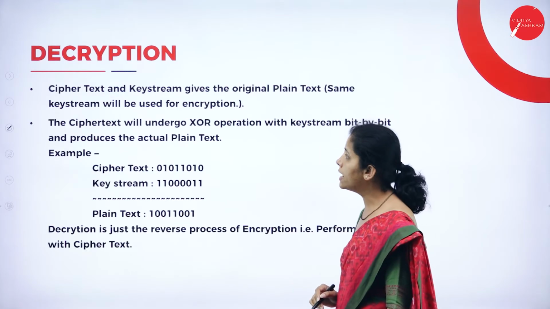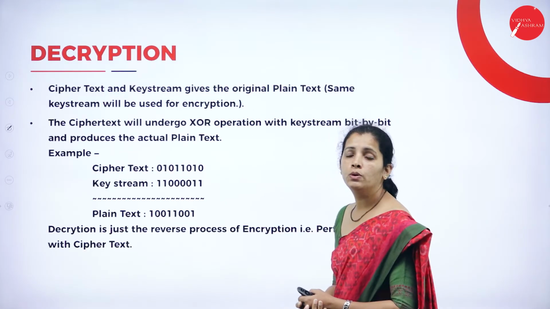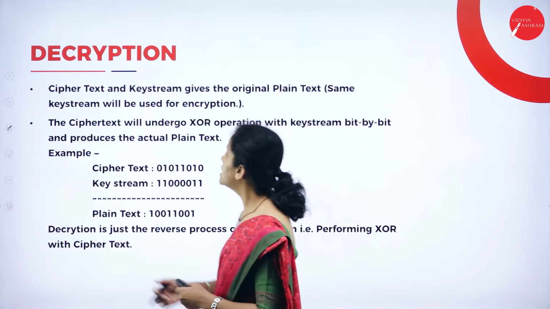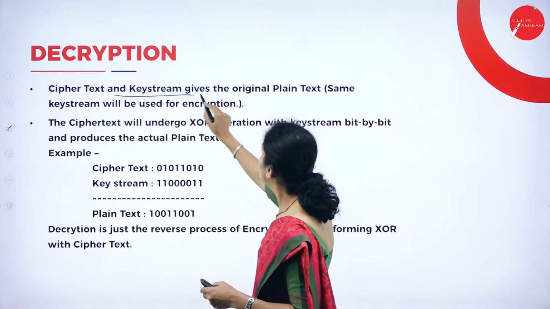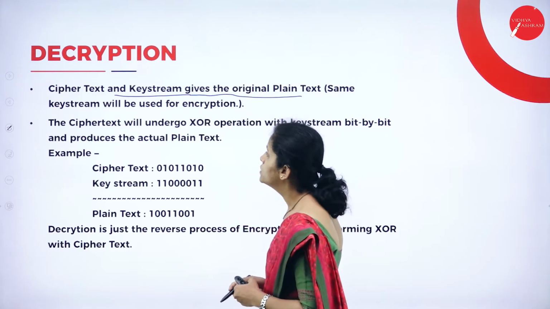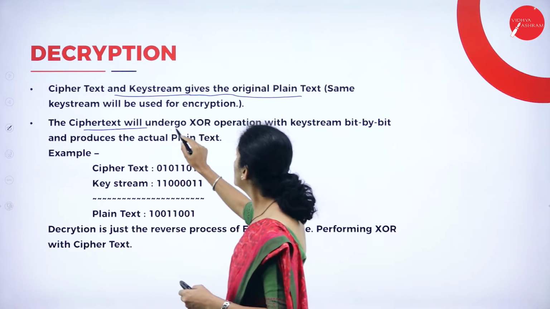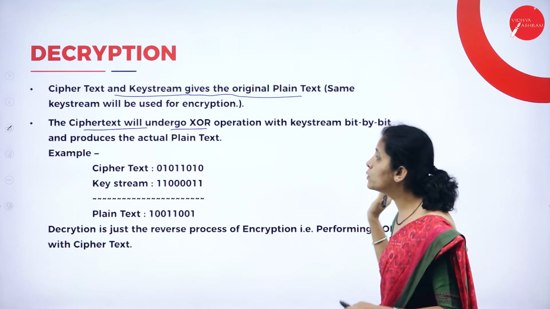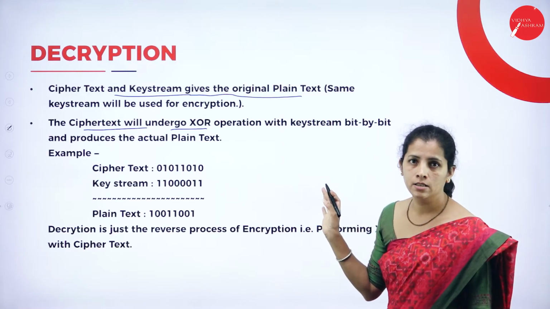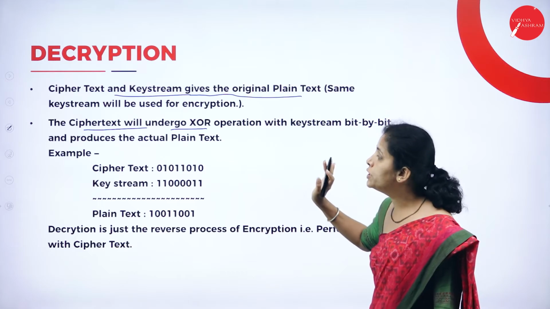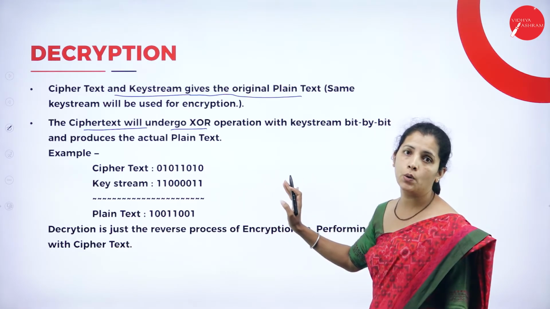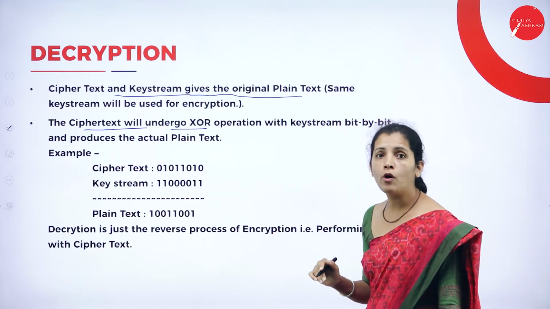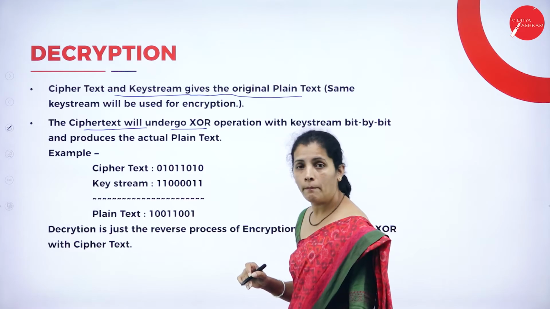At the receiving side, the receiver applies the decryption algorithm along with the key. So the ciphertext and key stream give the original plain text. The ciphertext undergoes XOR operation with the key stream bit by bit and produces the actual plain text. The receiver receives the ciphertext along with the key and performs XOR operation bit by bit.